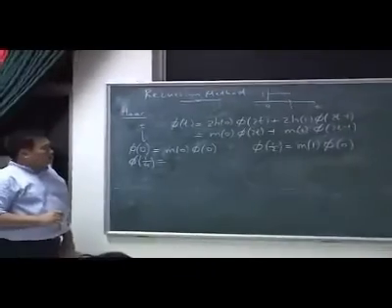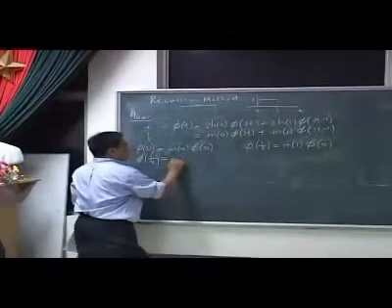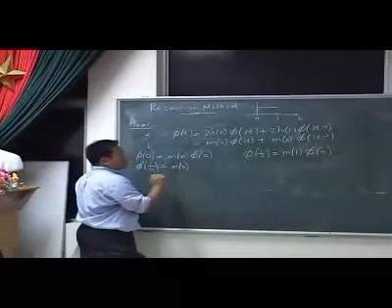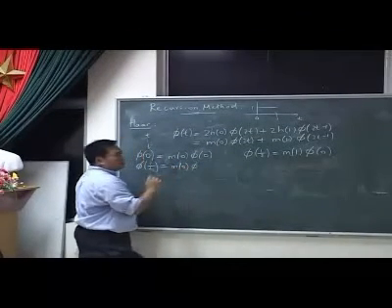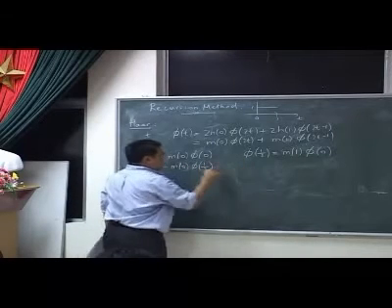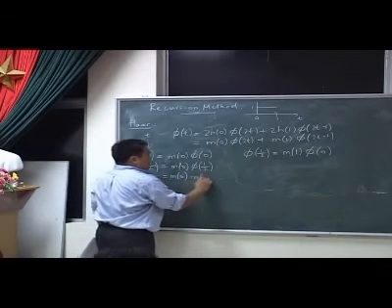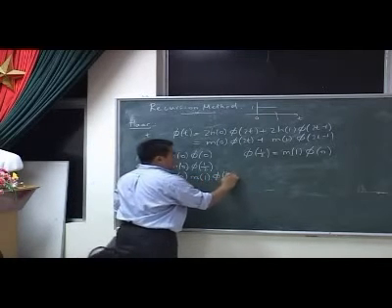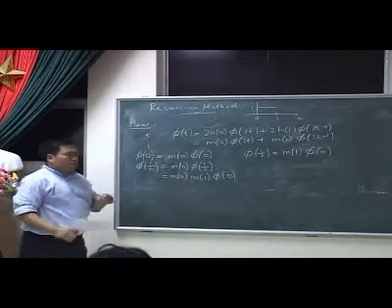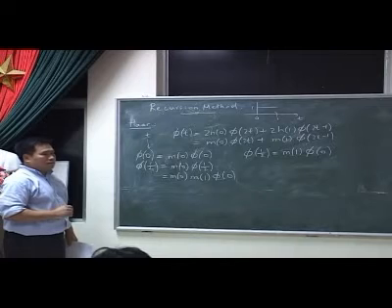What does phi of a quarter equal to? A quarter, M0, phi of half. And if I plug this one in here, what do I get? M0, M1, phi of 0. Okay?